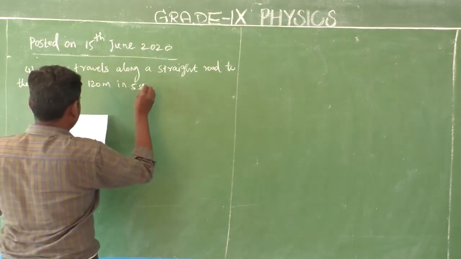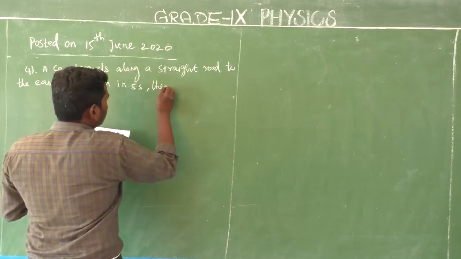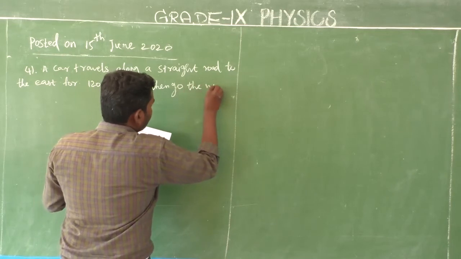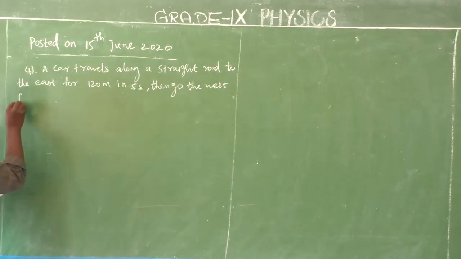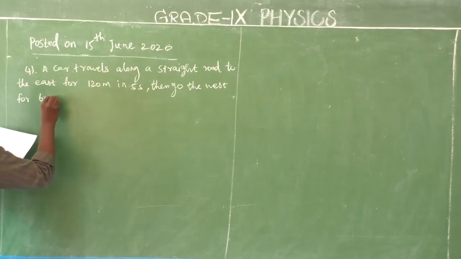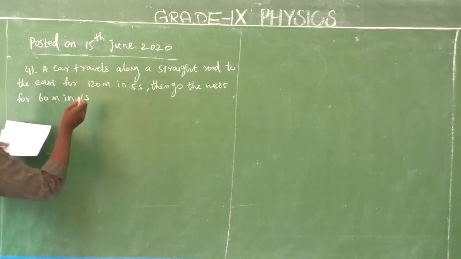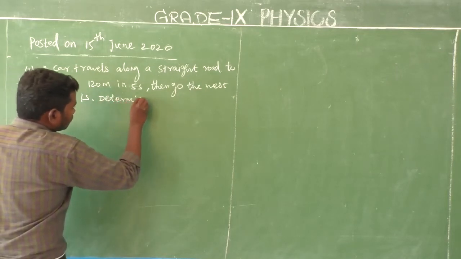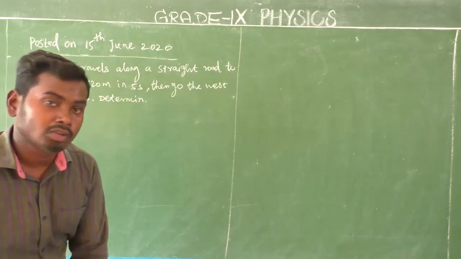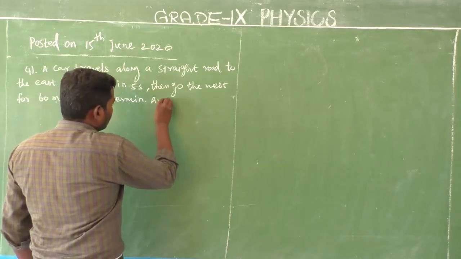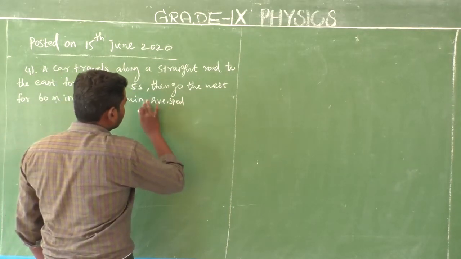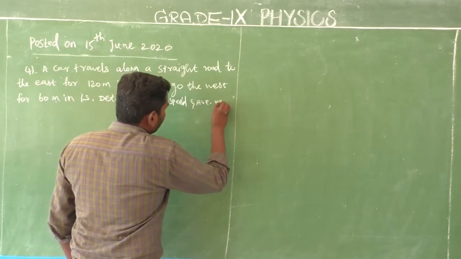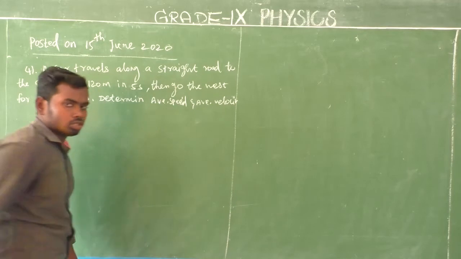Then goes the west for 60 meters in 1 second. Determine average speed and average velocity. So that is the solution.